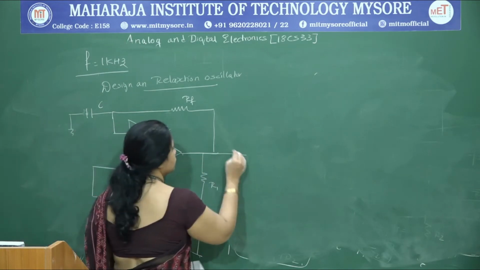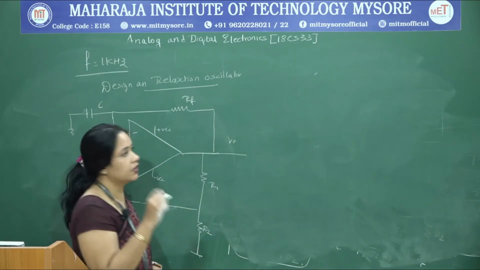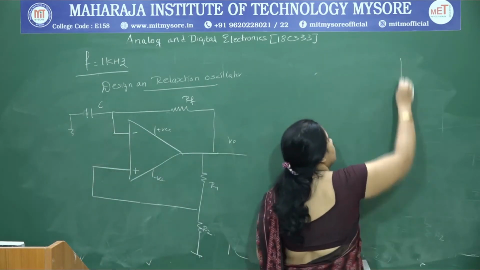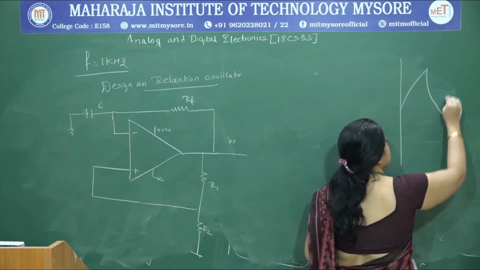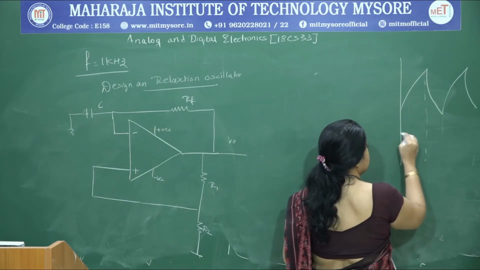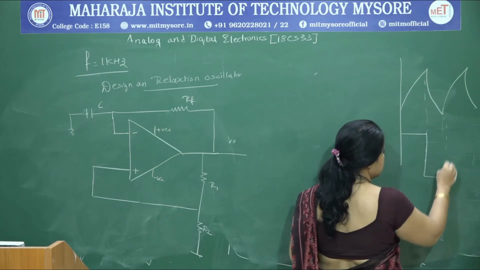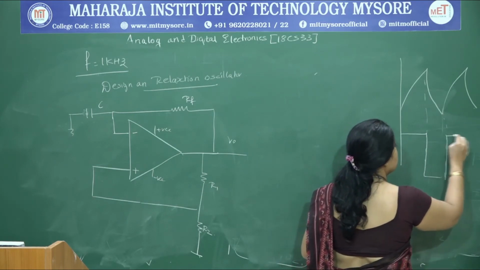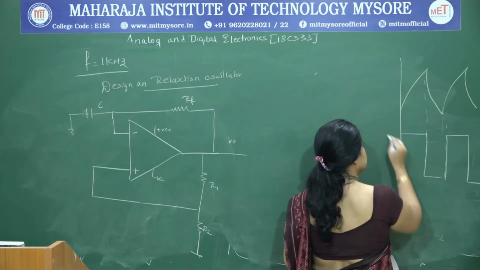Our intention is to arrive at an output voltage which has a frequency of 1 kilohertz. You are aware the capacitor gets charged and discharged. During the time the capacitor is getting charged, the output is at positive saturation. During the time it gets discharged, it is at negative saturation, producing the free running oscillations at the output.